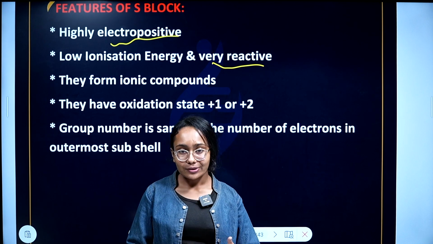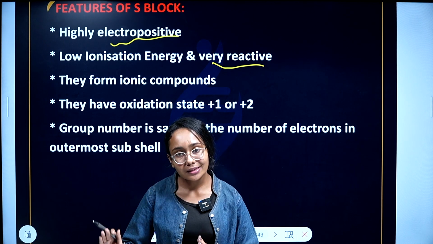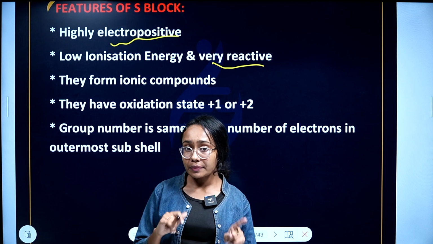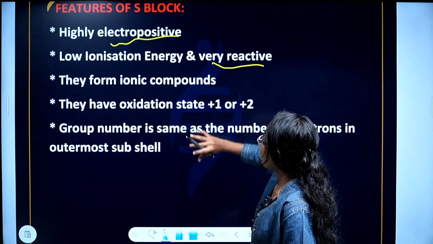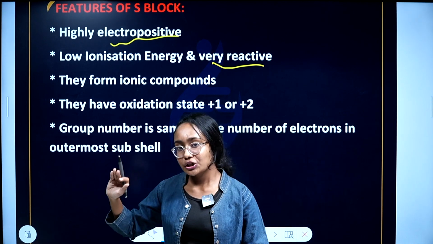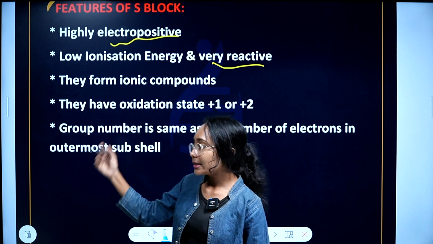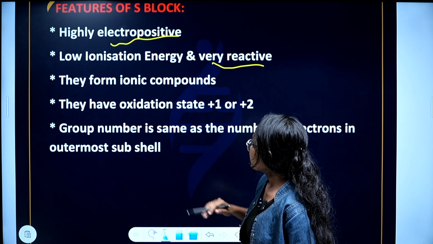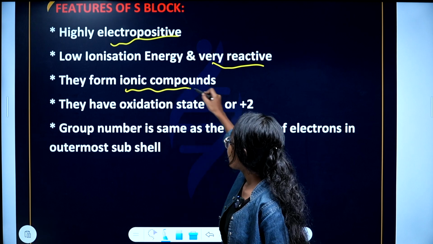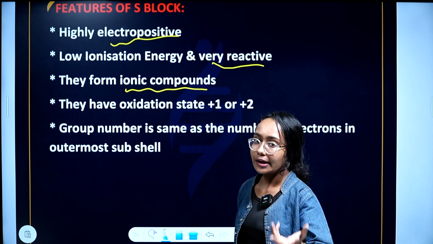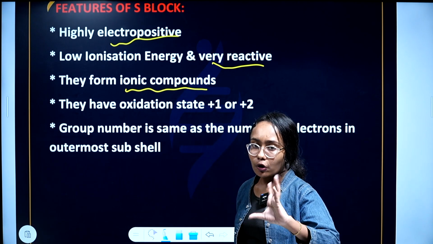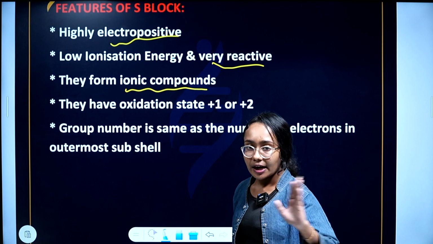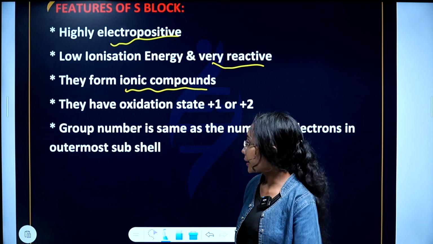By donating electrons. By accepting electrons they become negative. Ionization enthalpy will be discussed in a later part of this session. They form ionic compounds. You know what an ionic bond and a covalent bond are; you studied everything in standard 10.